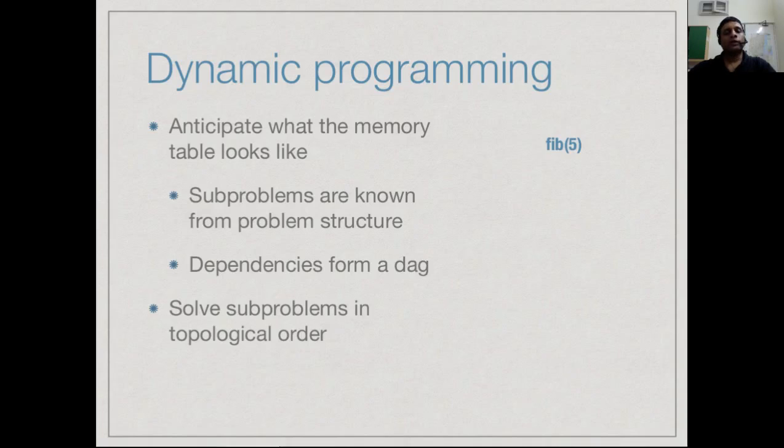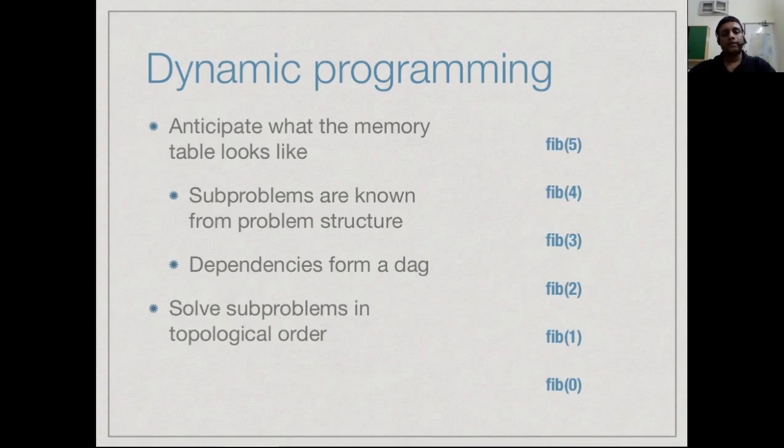And the smallest thing you can get is Fibonacci of 0. Therefore, we immediately know that the subproblems that could be of interest to us are all subproblems between Fibonacci of 0 and Fibonacci of 5. Okay, Fibonacci of 5 is not going to require Fibonacci of 6, 7, 8, nor can we call Fibonacci with a negative number because it's not defined. So there's a very small and finite set of values which we need to consider.